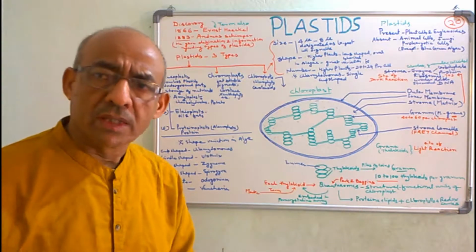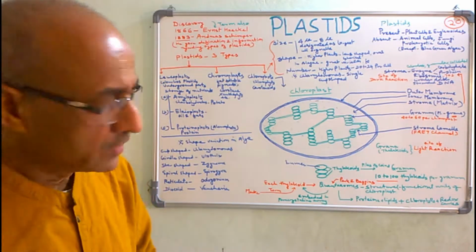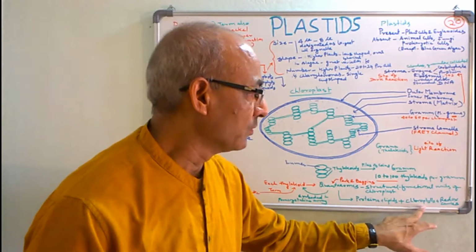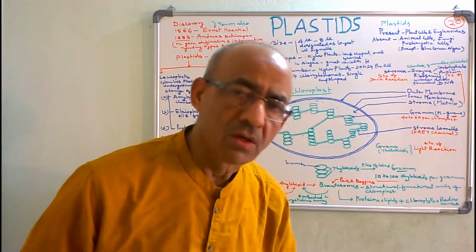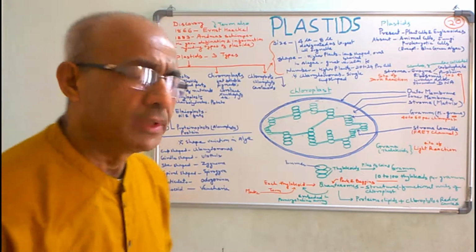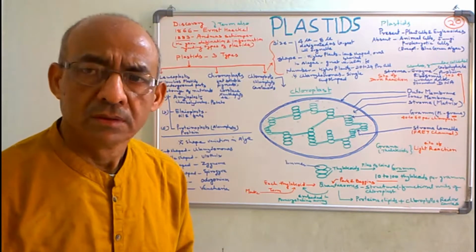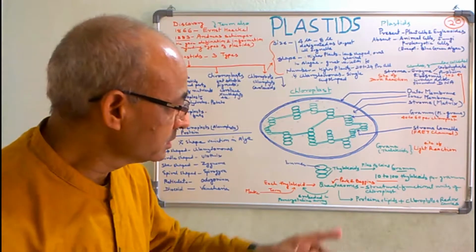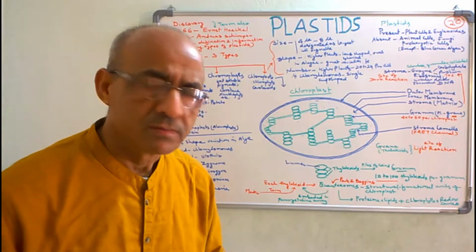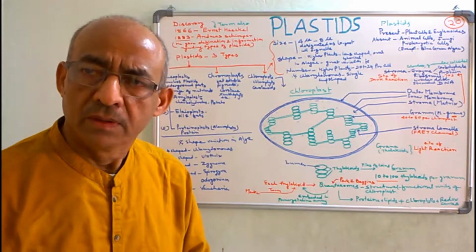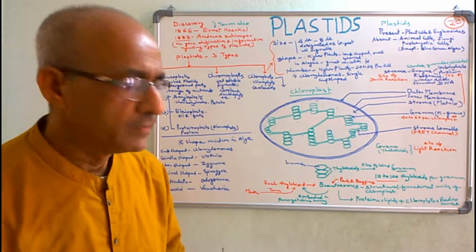Each quantasome contains protein, lipid, chlorophyll and redox carriers. And you should know this information is very important, because quantasomes are the site where the light reaction actually occurs.